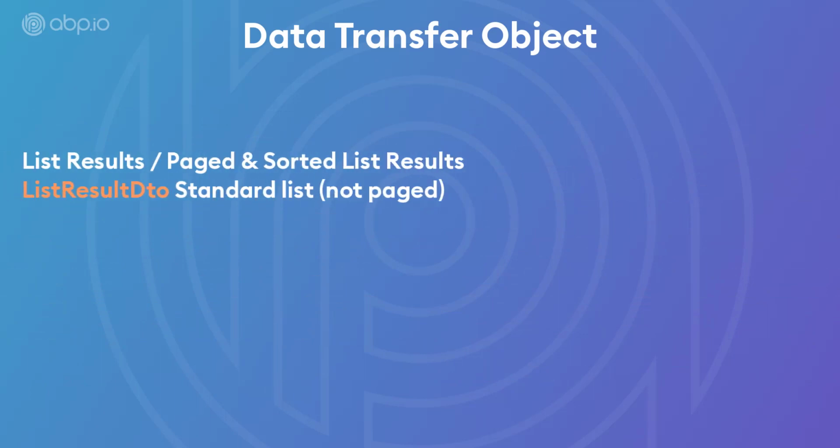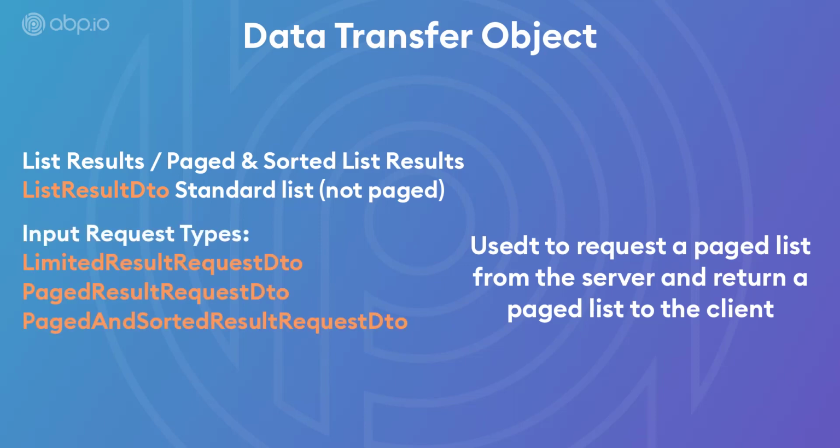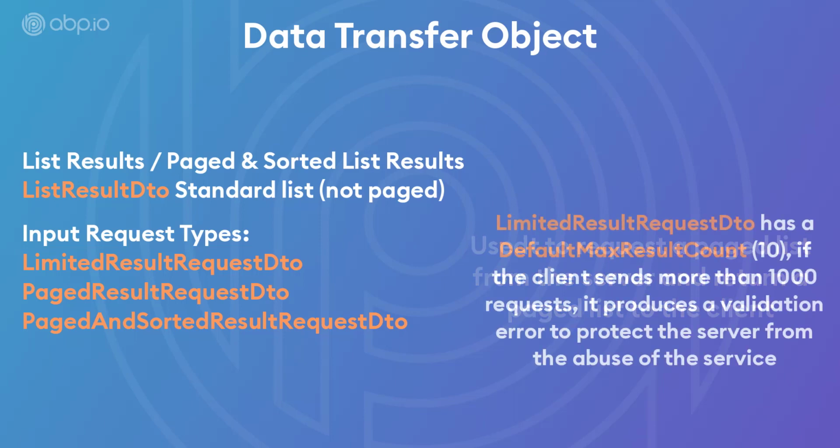And next up we've got the paged and sorted list results. It's more common to request a paged list from the server and return a paged list to the client. And ABP defines a few interfaces and classes to standardize it. As for the input request types, we've got the LimitedResultRequestDto, PagedResultRequestDto, and PagedAndSortedResultRequestDto. The LimitedResultRequestDto has a default max result count, which is 10, and it can be changed.